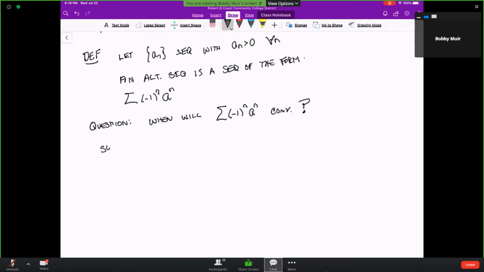Well, first of all, if this thing is going to converge, then we know the limit as n tends to infinity of a sub n is equal to 0, right? That was the criterion for convergence.